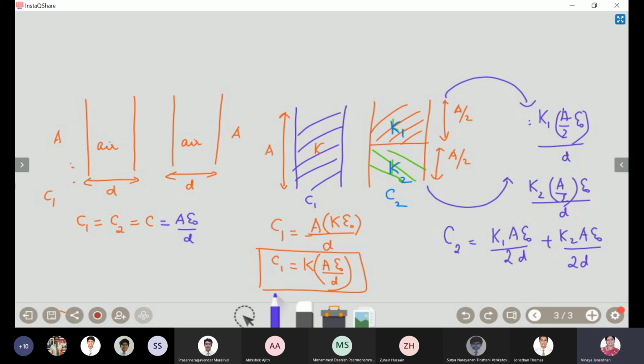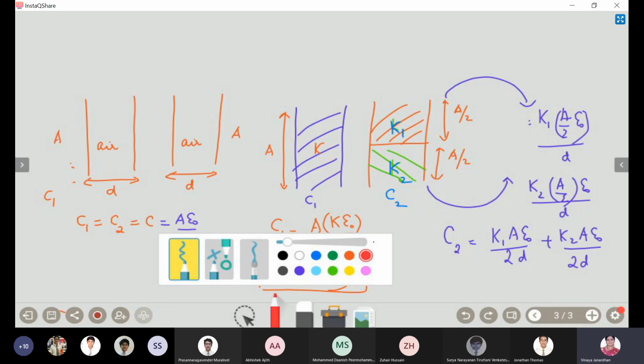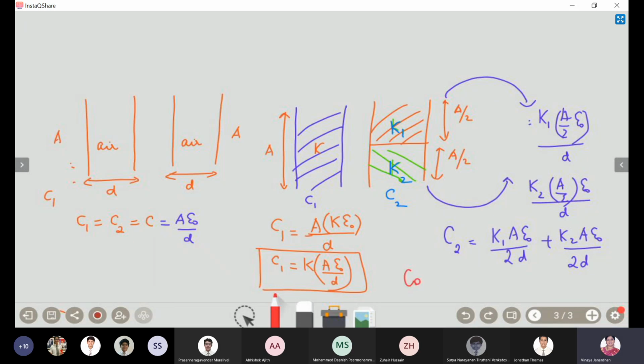Then what is the condition given, boys? Both the capacitances are the same. The condition is C1 is equal to C2. Then equate these both. I can mark this as equation 1 and this as equation 2.